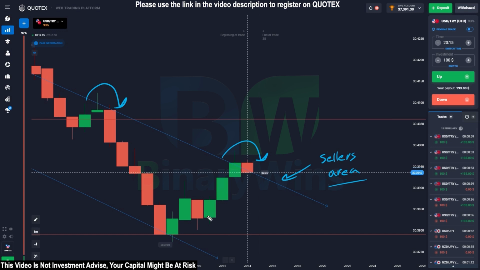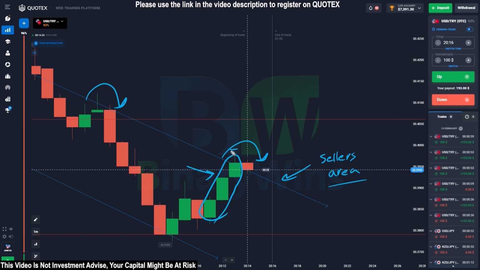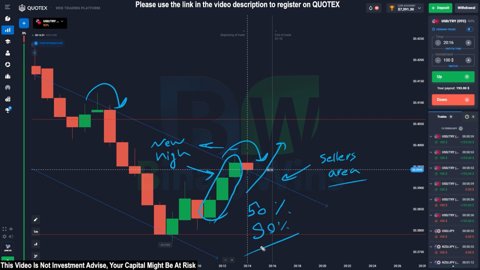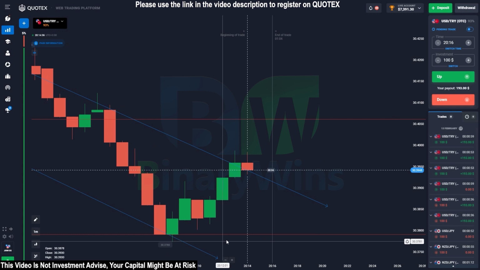But on the other hand, because a bullish momentum has formed and a new high has made for us, there is a possibility of continuing the upward trend. So, in this situation, the probability of profit or lose of our trade is 50% to 50%. So, we don't do anything in this situation. Okay?